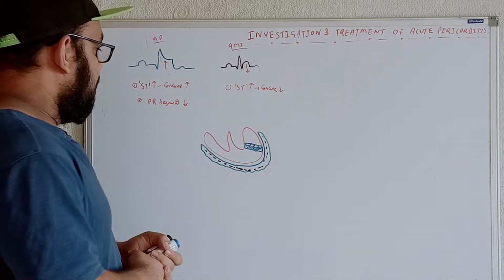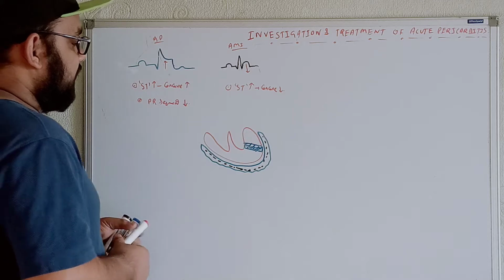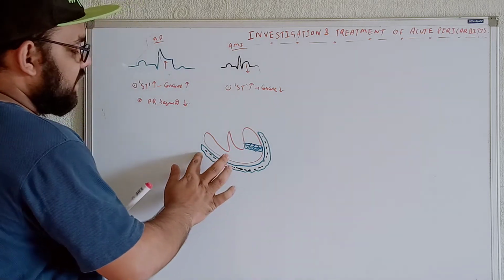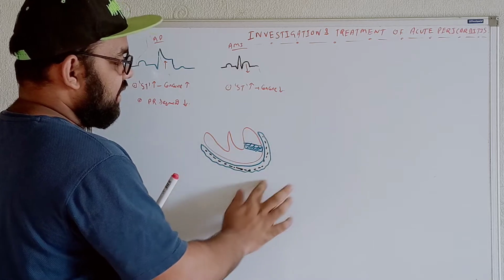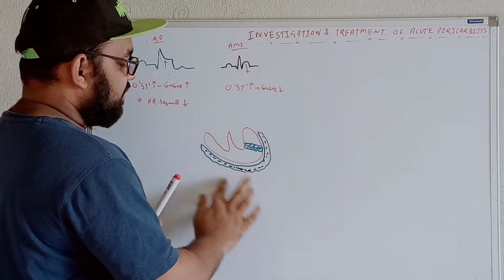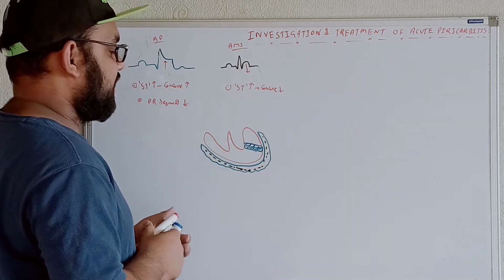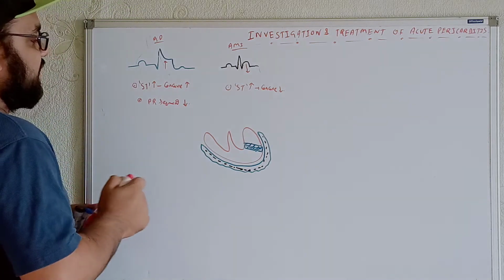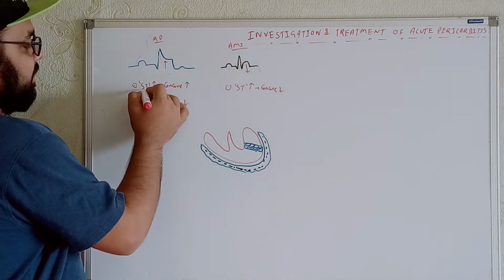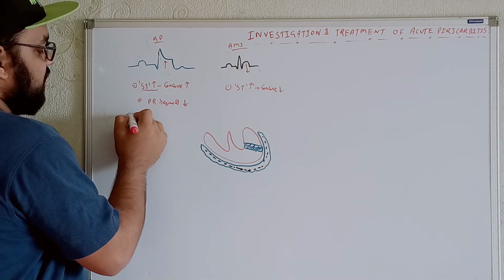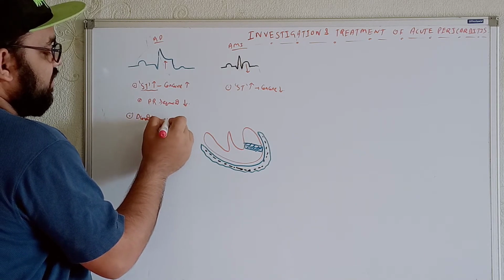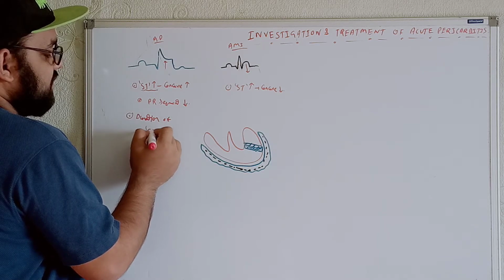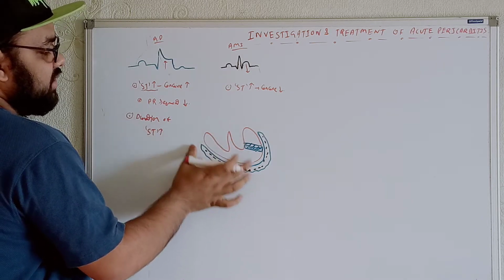Okay. Now the next thing we have to know: the inflammation is going within the whole pericardium, and it is long lasting, so as a result we will see a long ST segment duration. The duration of the ST segment elevations will be long lasting, because it is covering the whole part.